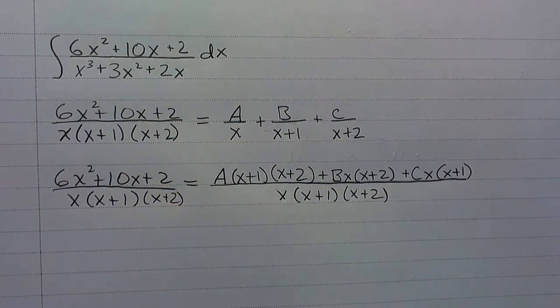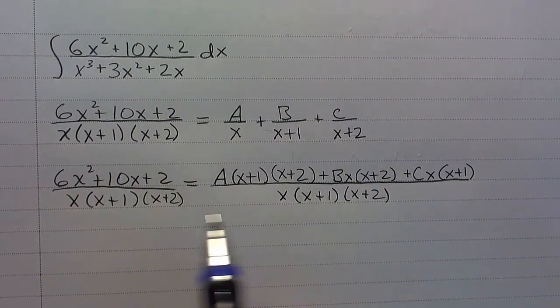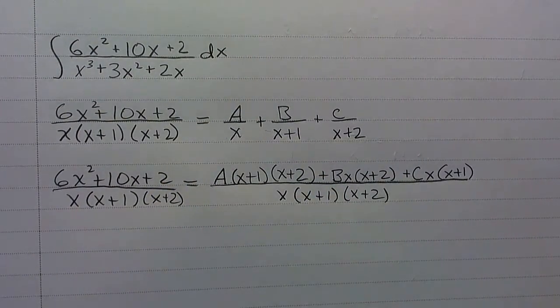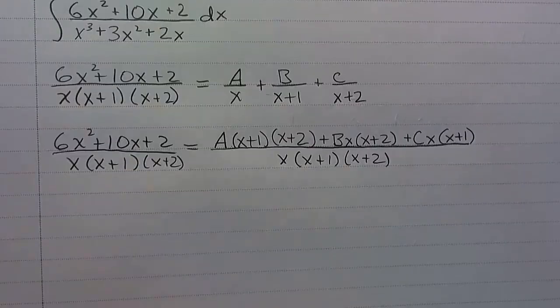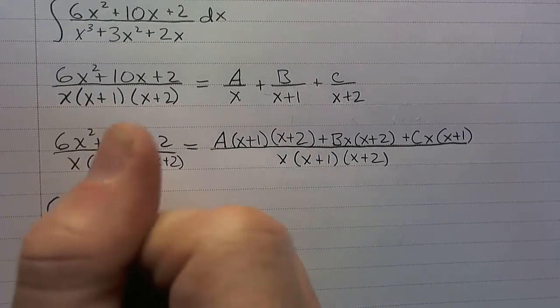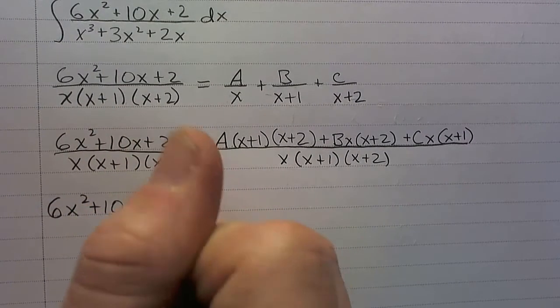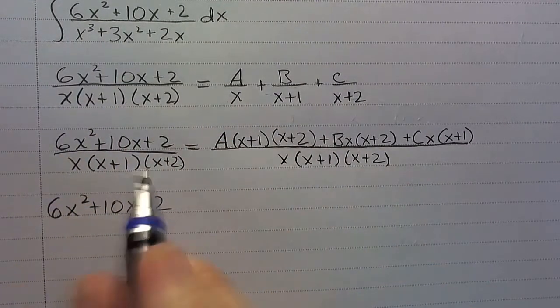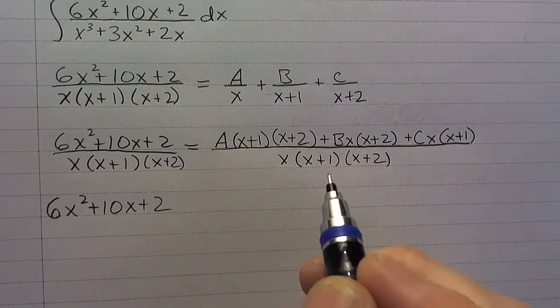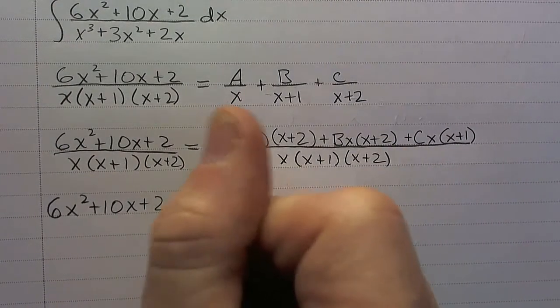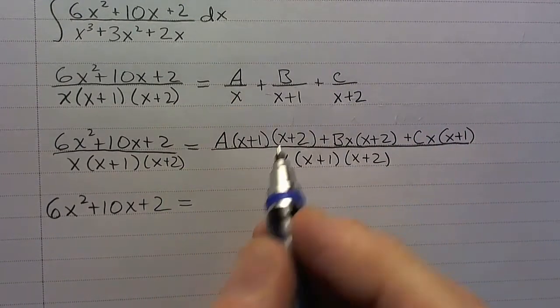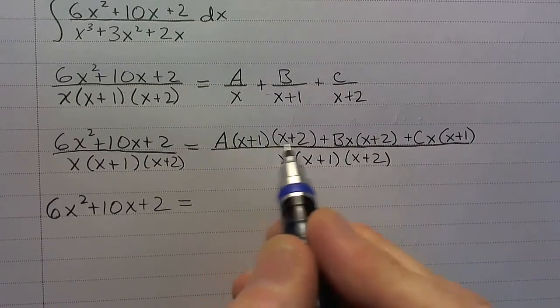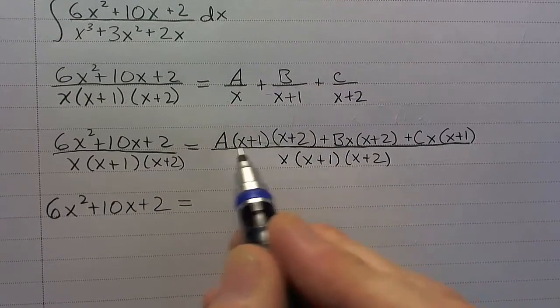Now, these two sides are equal. Notice the same denominator. So what I'm going to do is equate the numerators. So just like before, I've got 6x squared plus 10x plus 2. I'll forget the denominator for now. I'm just going to focus on these numerators. So I get the numerator up here. Now notice I'm going to multiply everything out.